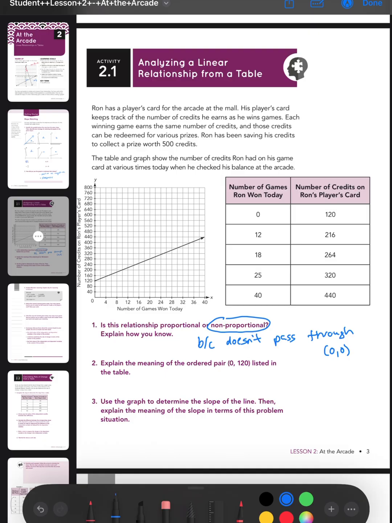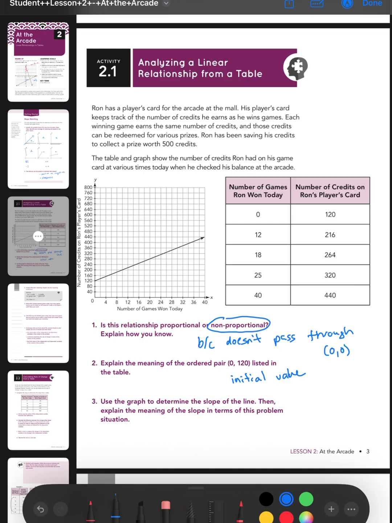I mentioned it a minute ago. It's our initial value. It's our y-intercept. Let me redo that. It'd help if your math teacher could spell. There we go, initial value. Okay, so that's our starting point. It's starting with 120 credits when he's won 0 games.